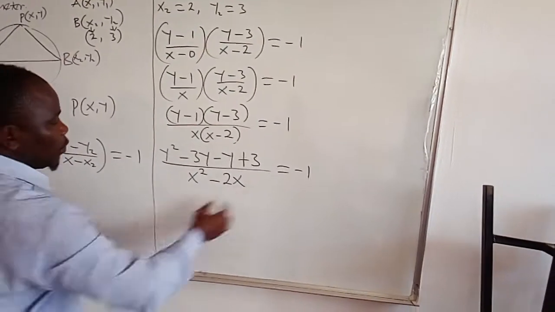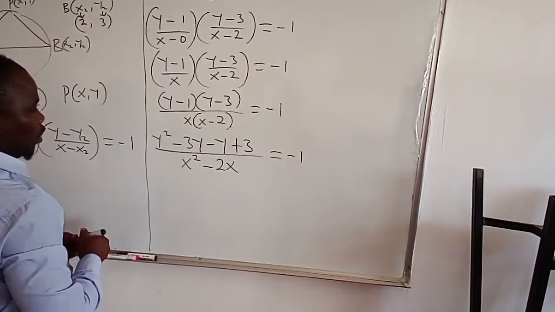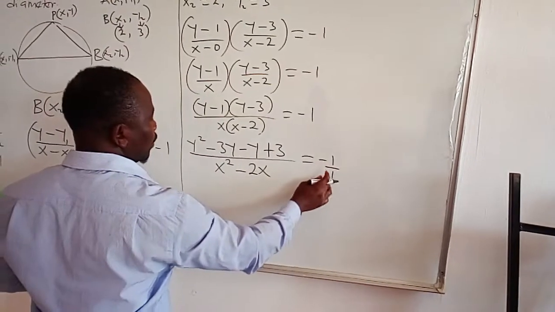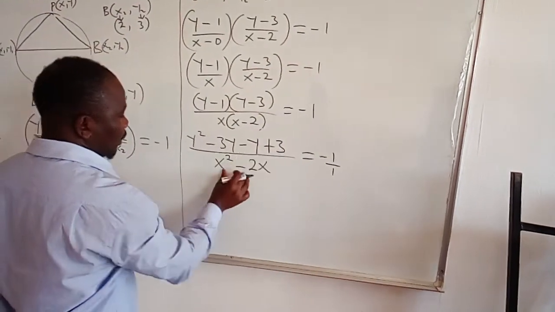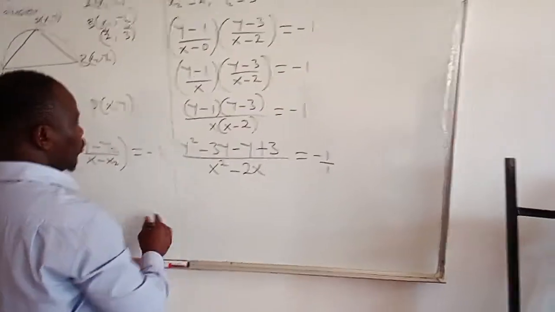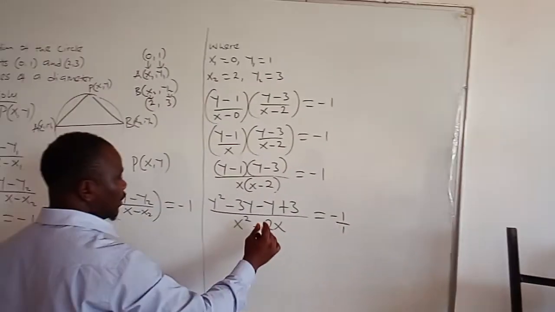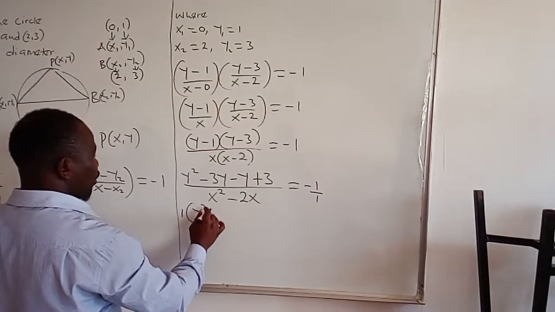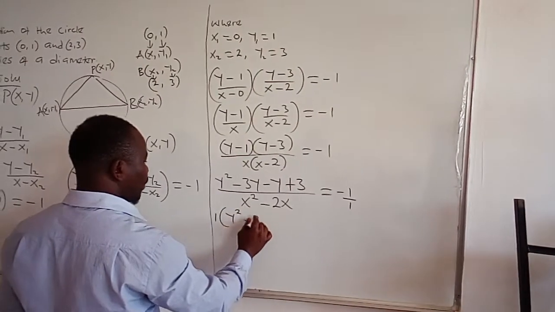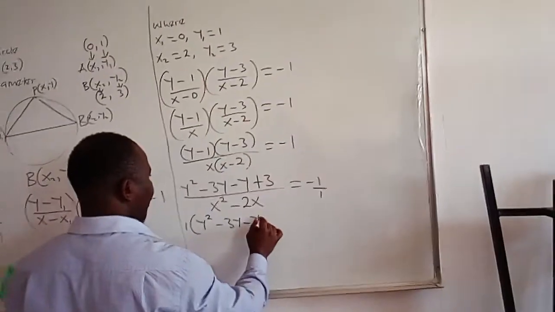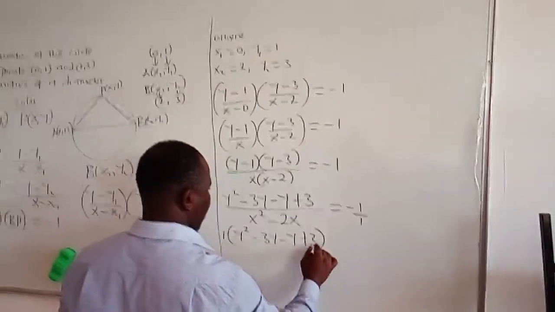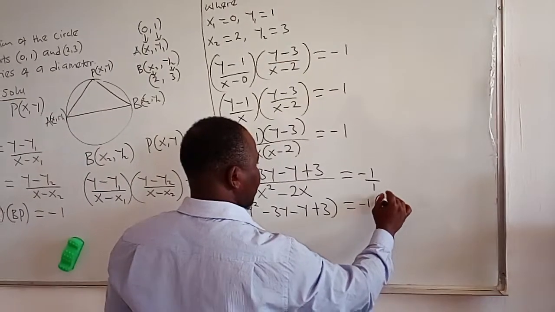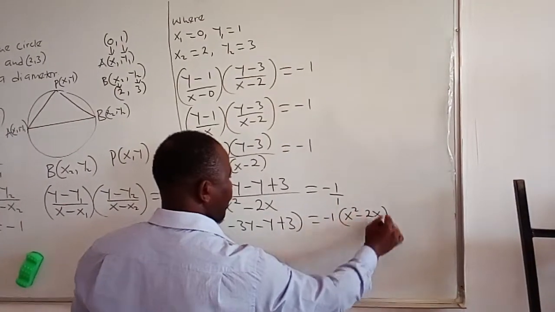Okay? So at this point, we are going to cross multiply. Note that we have an invisible one here, this one will multiply this, and this one will multiply this. So if we do that, we have 1 all in bracket (y squared minus 3y minus y plus 3) equals to, same thing applicable, minus 1 all in bracket (x squared minus 2x).